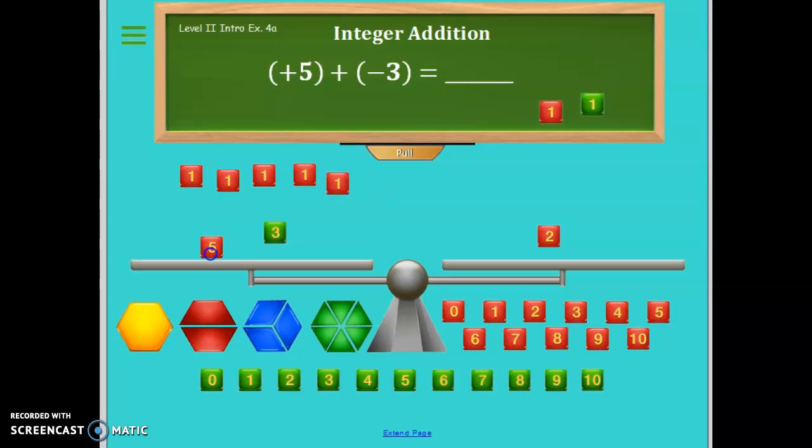And for a negative 3, it's like 3 of these, right? So if you look at it that way, these cancel each other out, so that's 0. This is a 0. This is a 0. And what's left is 2 positive 1s, which is a total of 2.